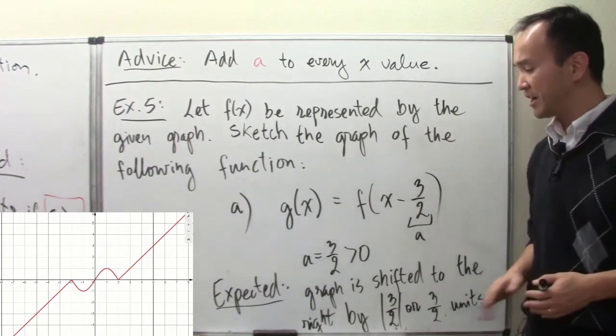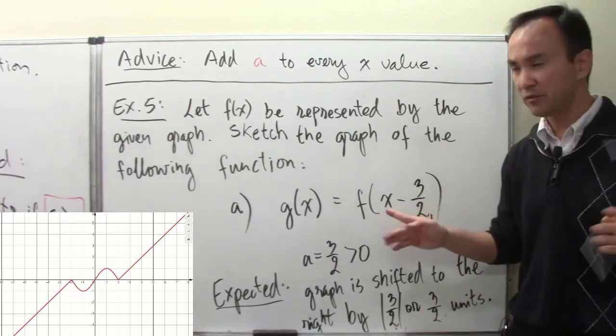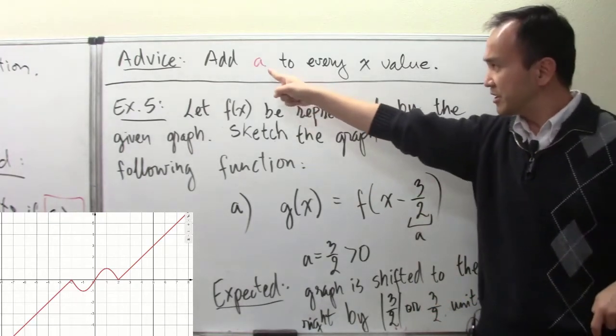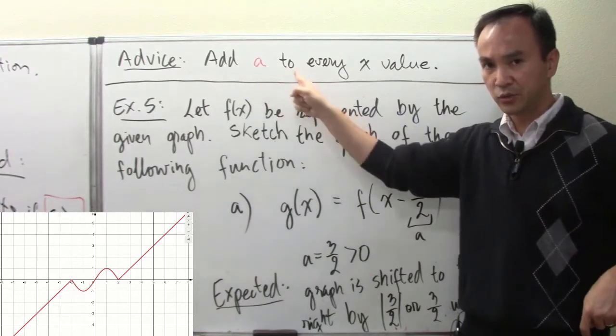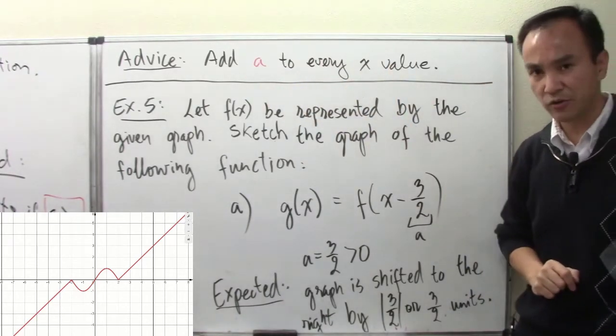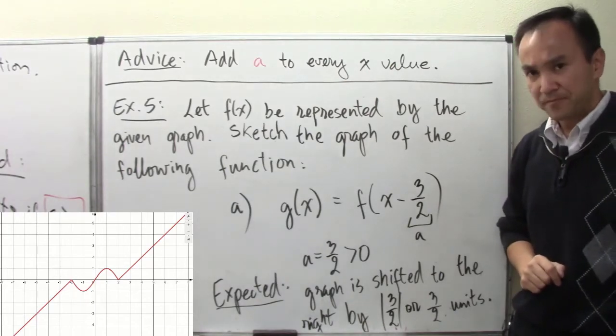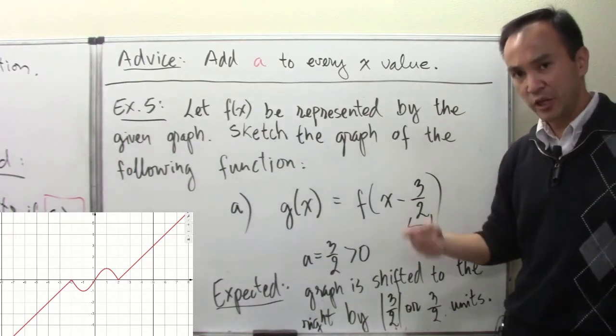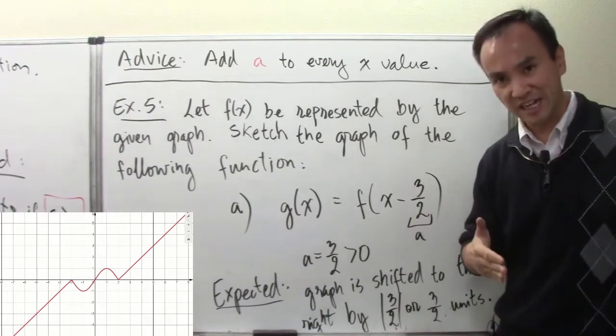So in that way, stick with the advice I've had right here. We're just simply going to add A to every x value. What does that mean? That means I'm going to start utilizing those guiding points that I've been introducing again.